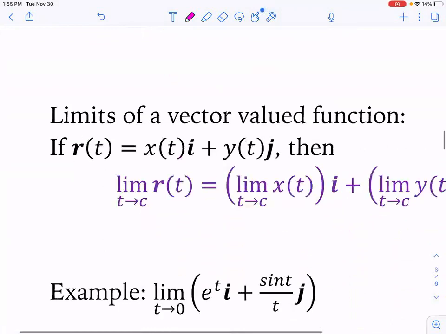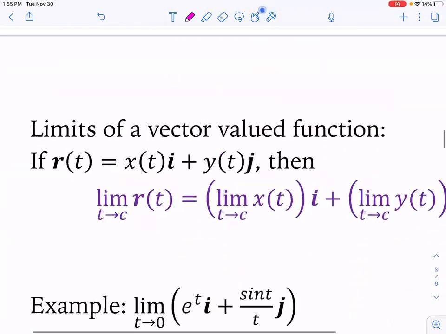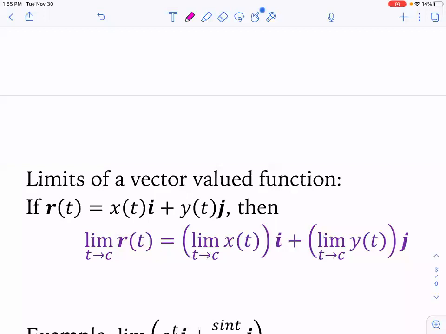Okay, if I ask you to find the limit of a vector valued function, then we can take the limit of the horizontal component separately from the limit of the vertical component. Now, I probably could have just asked you to find the limit of a vector valued function and you would just do this anyway, but here's the official definition.